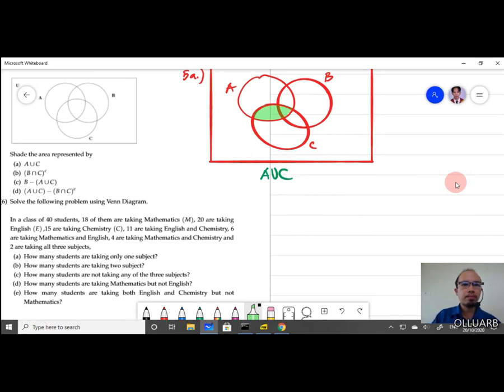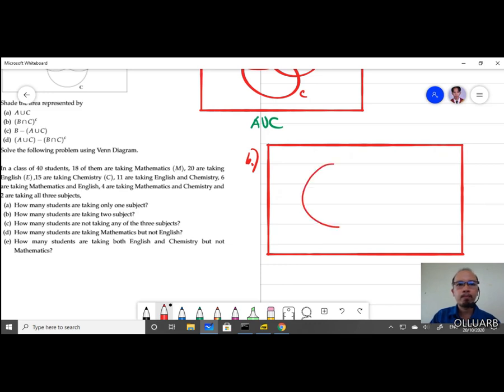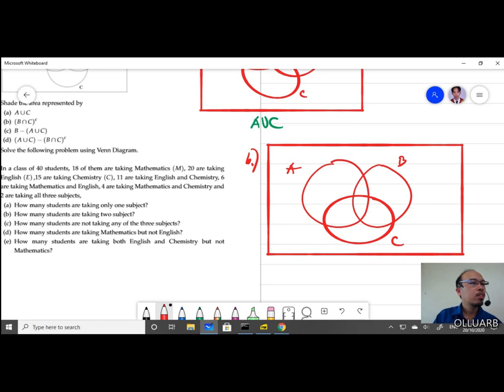For letter B, again, copy the diagram. We have A, B, and C. So our problem is to get the complement of the intersection of B and C. The intersection of B and C is this one.